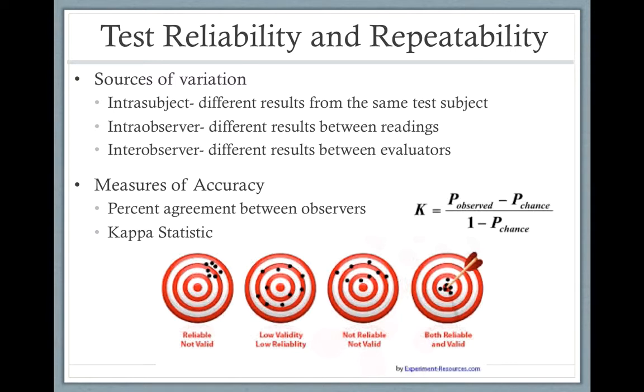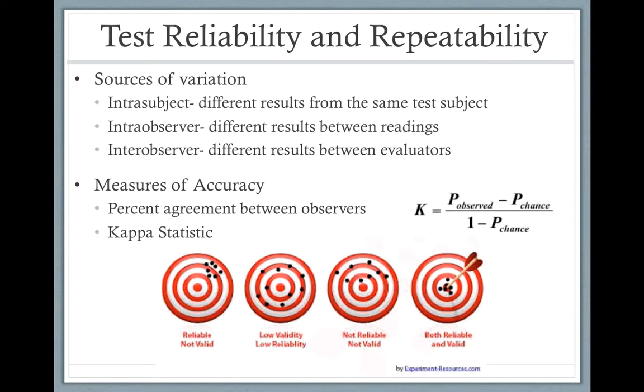So if I'm reading a chest x-ray for tuberculosis as an evaluator, sometimes there's some inherent variability in the way I read things, whether I say that it is a case of tuberculosis or not, and that would be intra-observer variation.